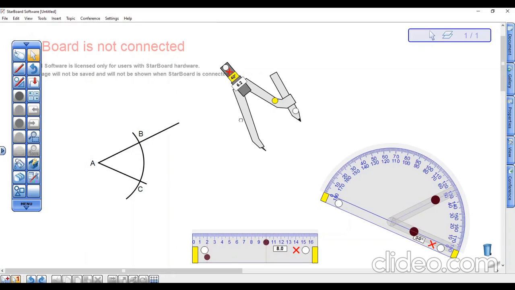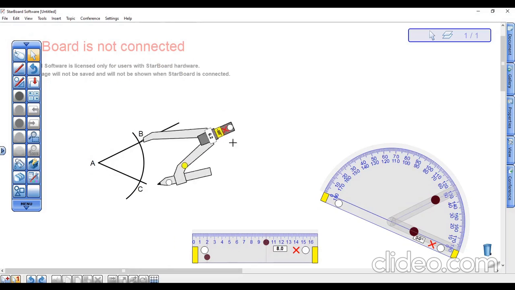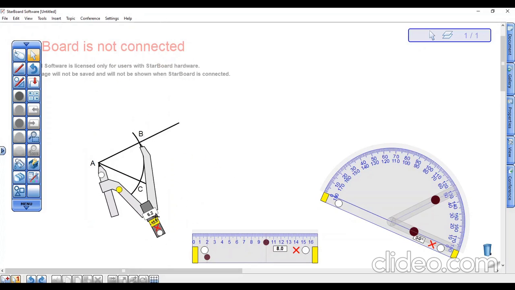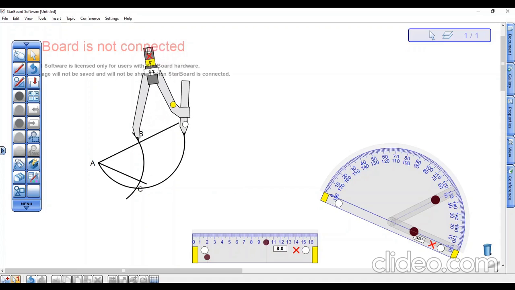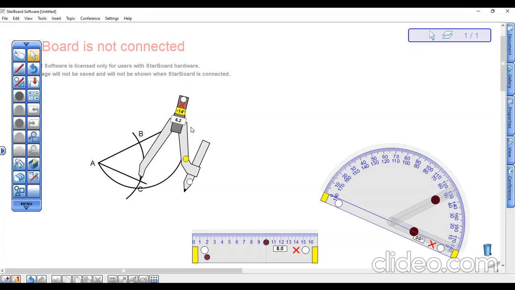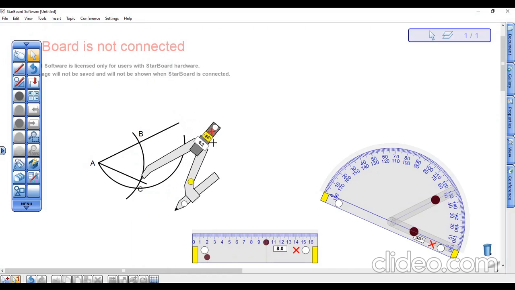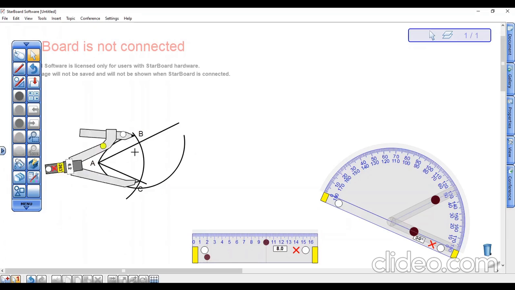Okay, so I'll place now the dry tip of my compass on point B, and I'll keep the same distance, and now I'll draw an arc from B to A, as you can see I'm doing here. Alright, now do the same thing, but now I'll set the dry point of my compass here on point C, and I will draw an arc from A to C, like this.